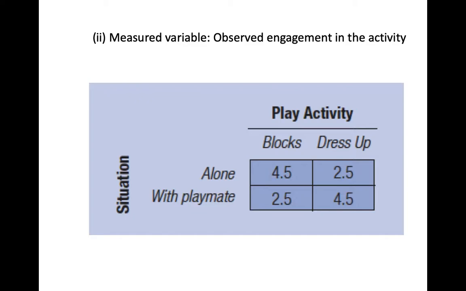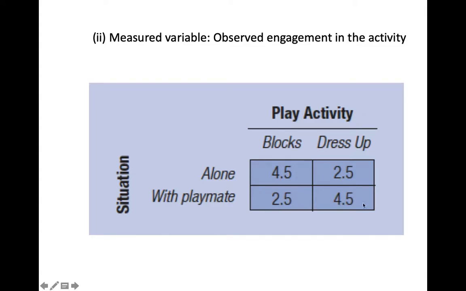So the average level of engagement in this study, let's say, is that children showed engagement of 4.5 when playing with blocks alone. However, they showed engagement of 2.5 when playing dress up alone. Okay, so more engagement by 2 points when they played blocks versus dress up.